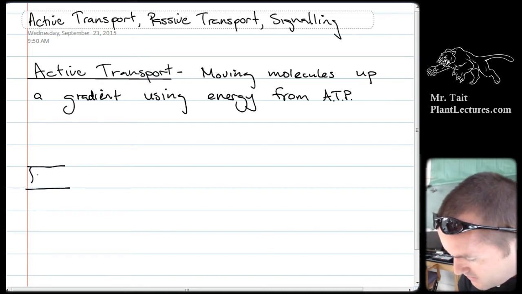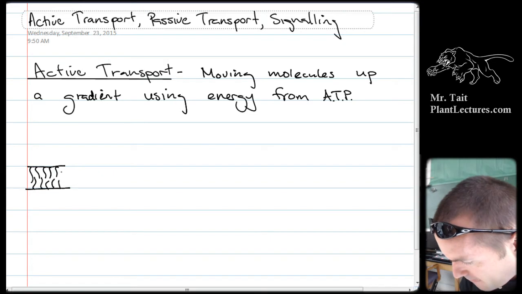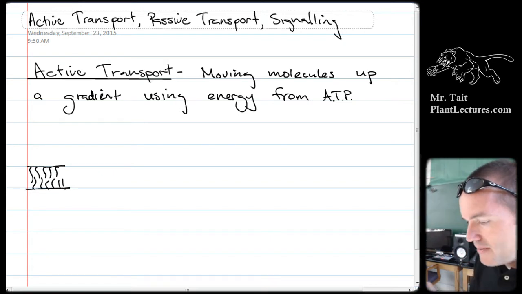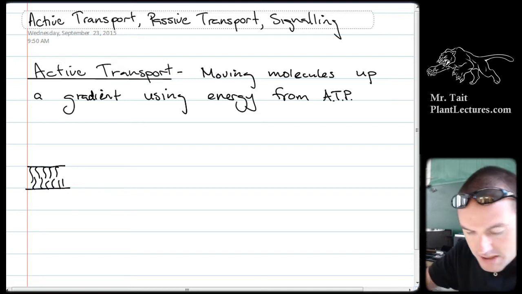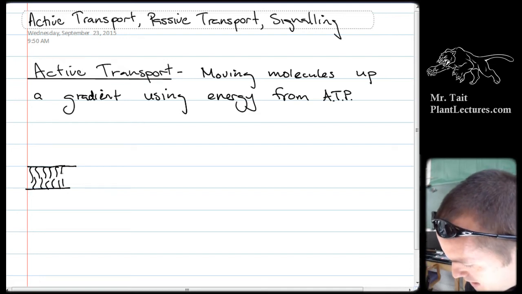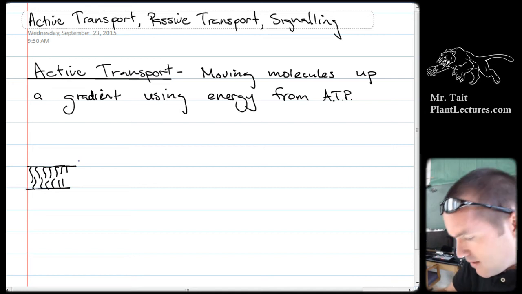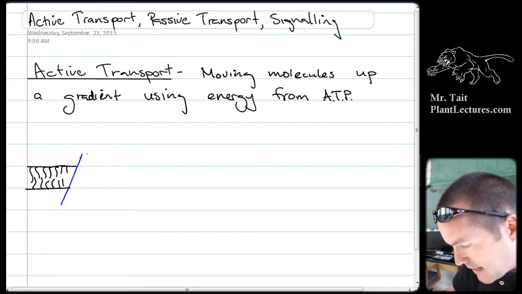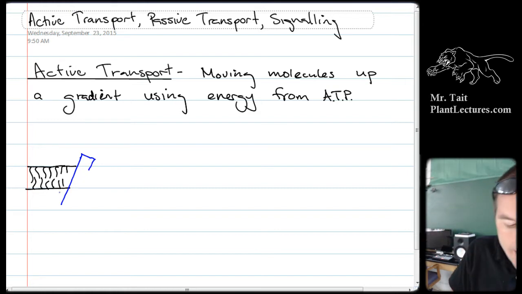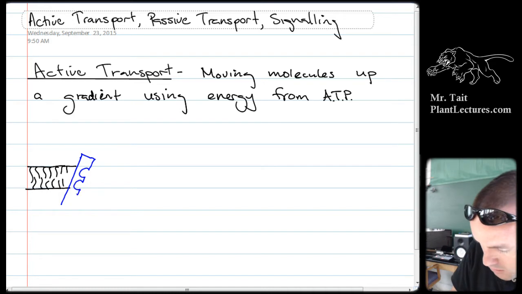So we're going to look at a specific instance of this. It's called the sodium-potassium pump. The way that the sodium-potassium pump works is that it is an enzyme that can change its shape based on whether or not it has a phosphate group attached to it. And you can imagine where the phosphate group is going to come from.